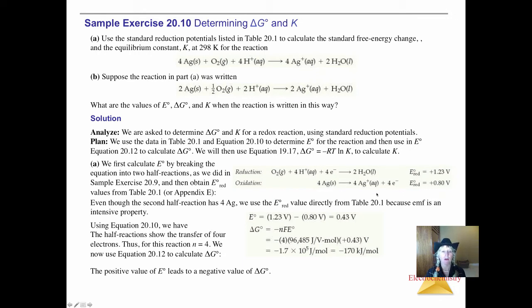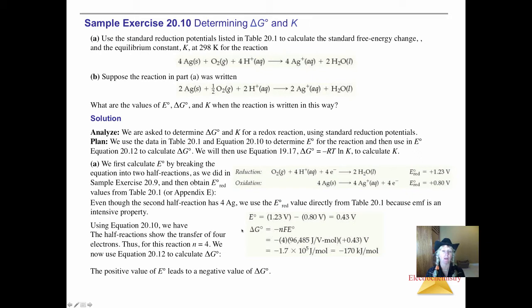So if you're going to find the voltage of the cell, remember it was simply cathode minus anode. So here's the cathodic reaction, positive 1.23 volts. Here's the anodic reaction, 0.8 volts. The difference between these two is the cell potential, or the voltage, 0.43. It's positive, so it's spontaneous.